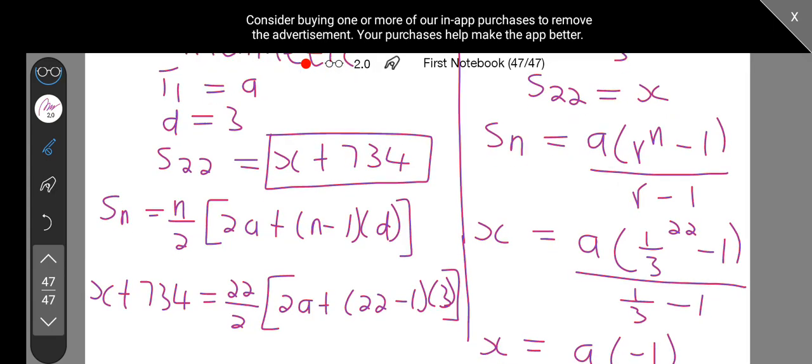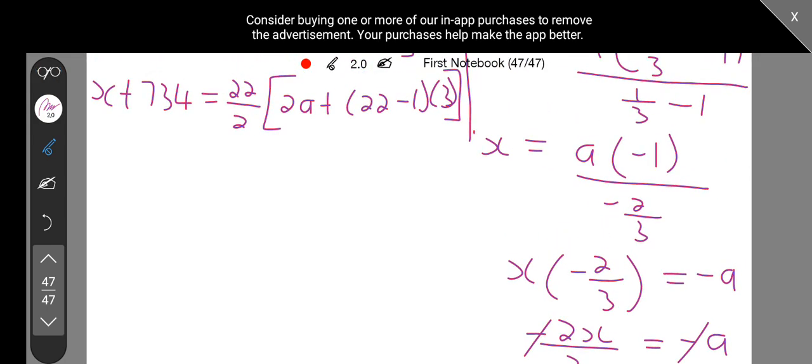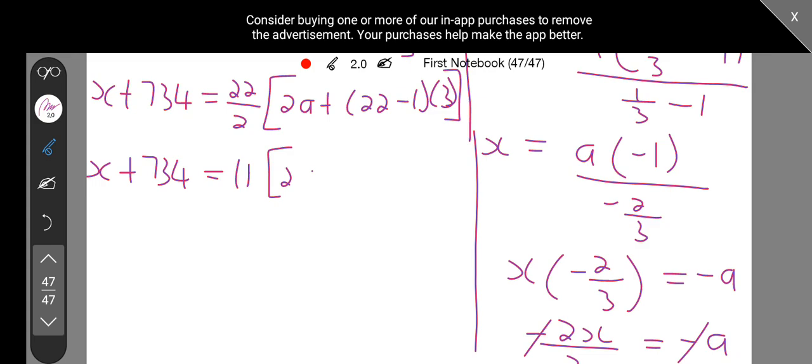Okay, so we're going to work this out. It's still x plus 734 is equal to 22 divided by 2, that is 11, multiplied by 2a plus, let's punch this in the calculator, 22 minus 1 multiplied by 3, that gives us 63. So this is plus 63.